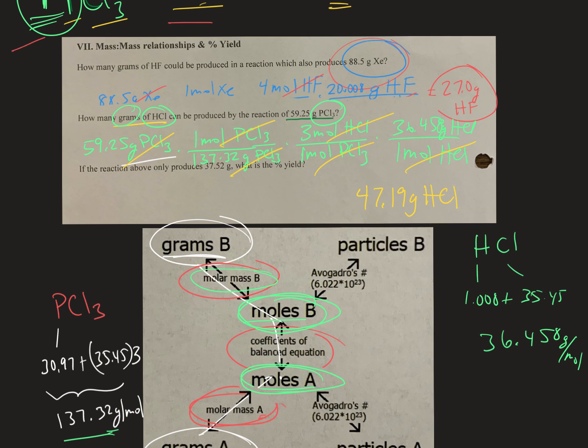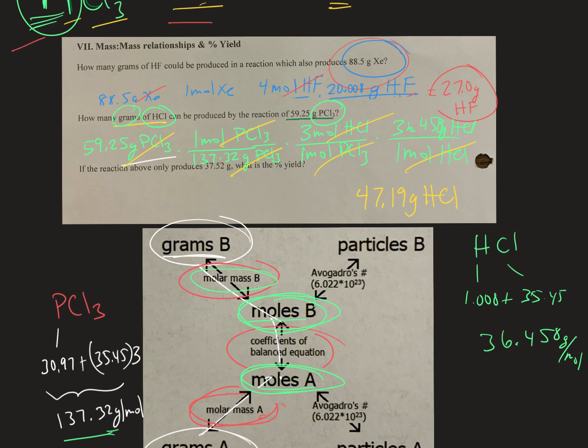Then the next question says, if the reaction above only produces 37.52 grams, what does that mean, only produces? We go to the lab and this is what we get. What do we call this? This is our actual yield. We go to the lab, we do this, and we only get 37.52.